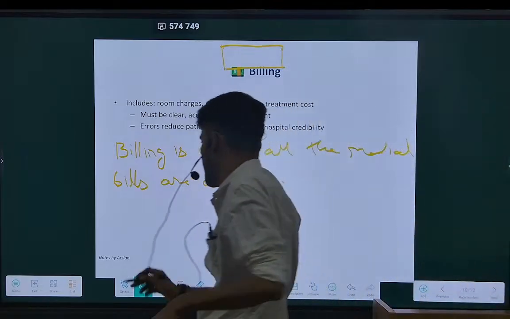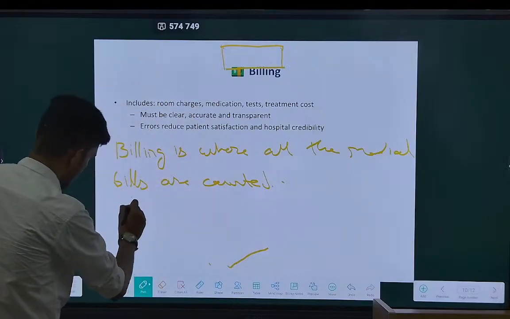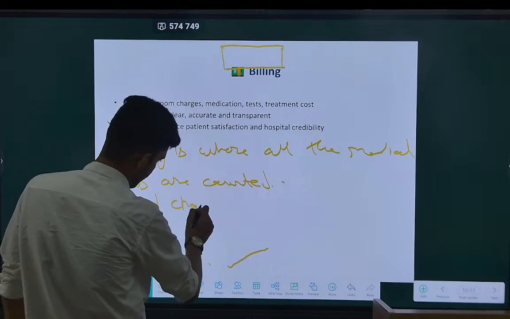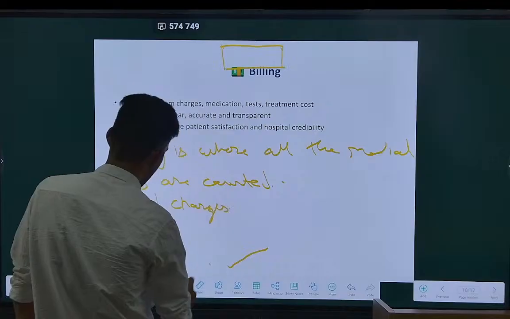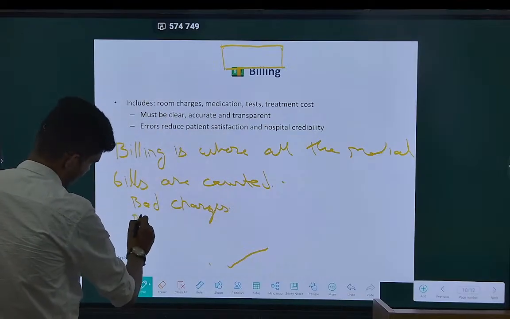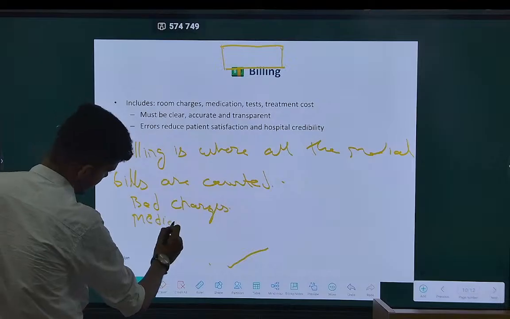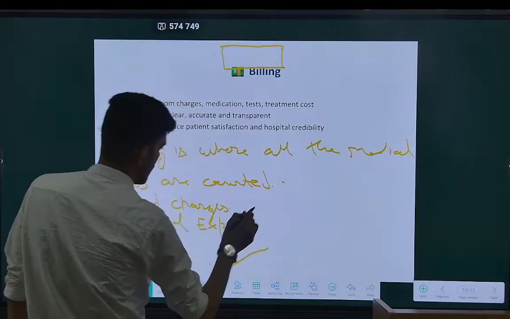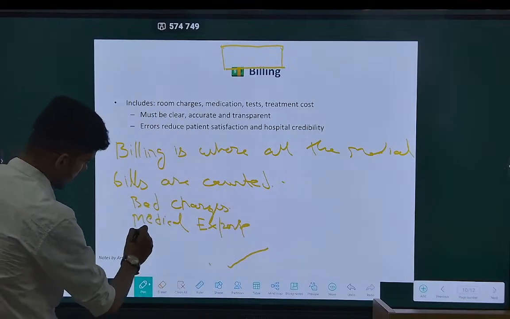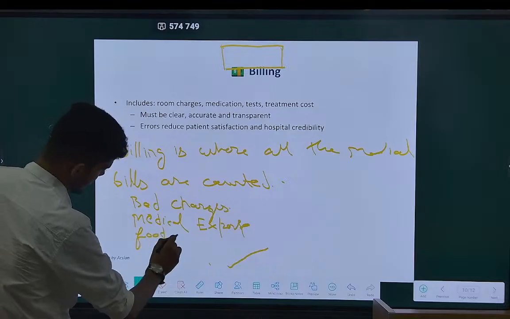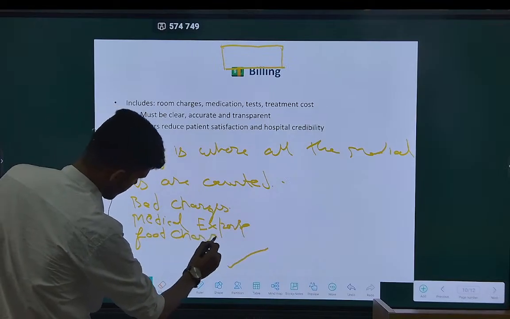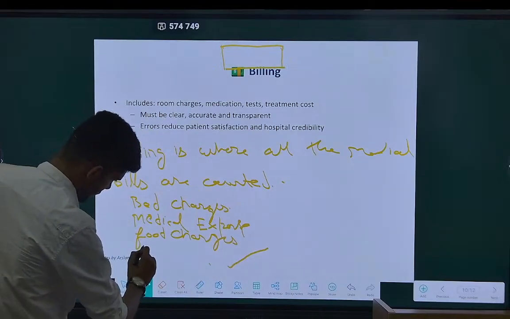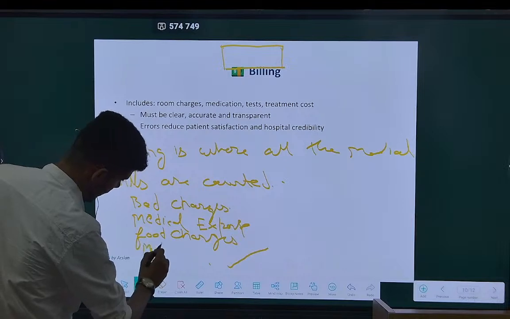So what does it include? The billing: bed charges, medical expenses. Some hospitals also provide food service, so food charges. Then medication and equipment.